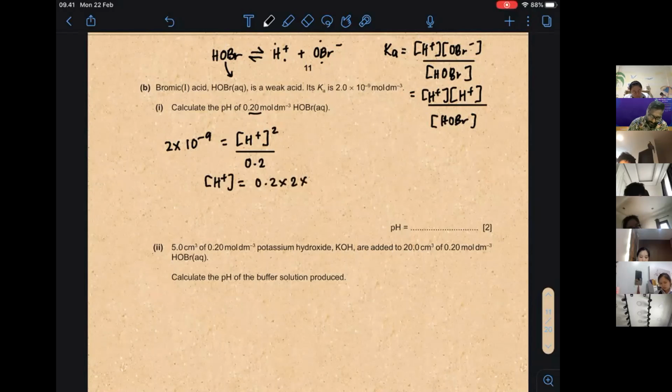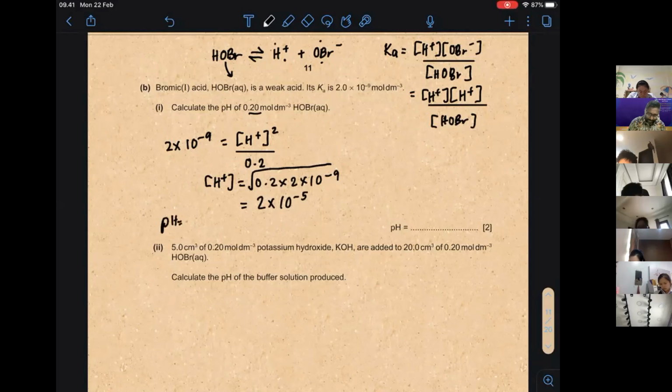It is the square root of 0.2 times 2 times 10 negative 9, which gives 2 times 10 negative 5.